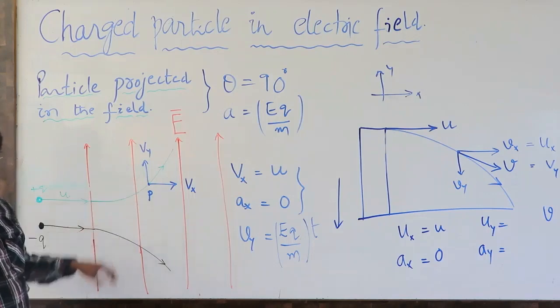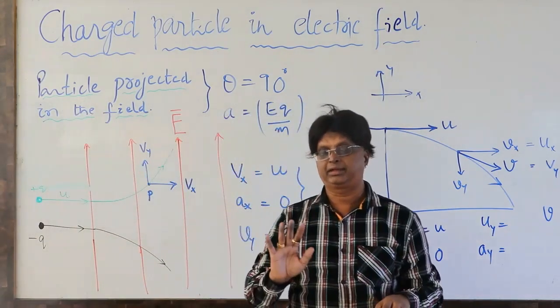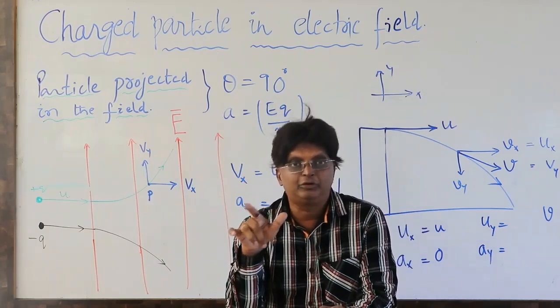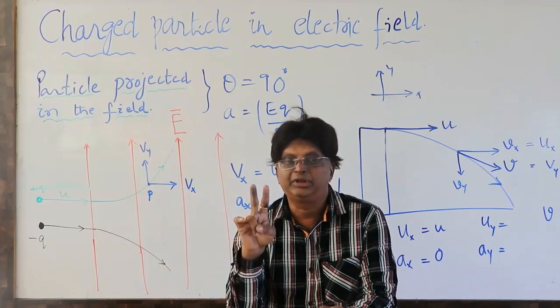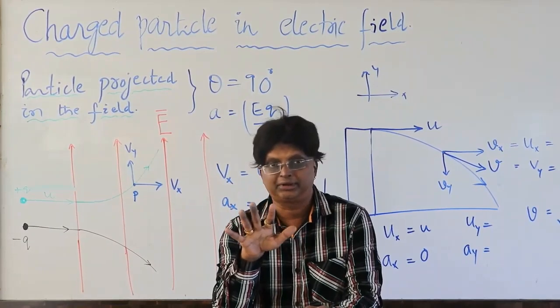The path is parabola. Now here you remember, whenever we have taken the case of charged particle in a uniform electric field, there are only two possibilities with respect to the path followed by the particle, right?